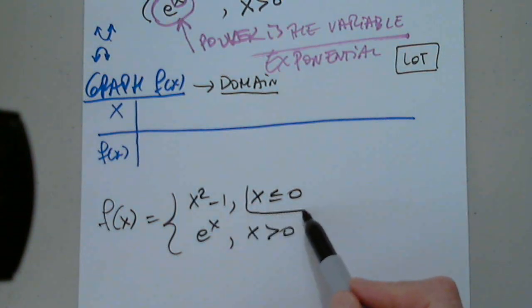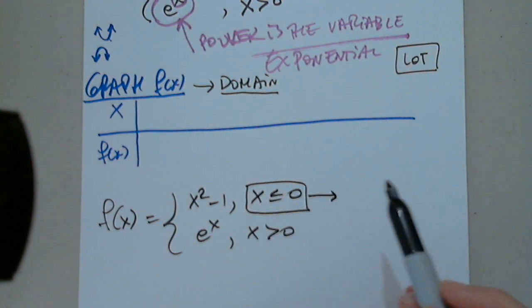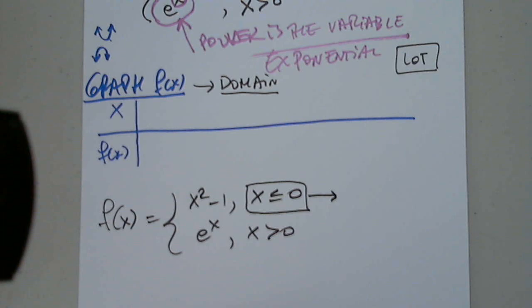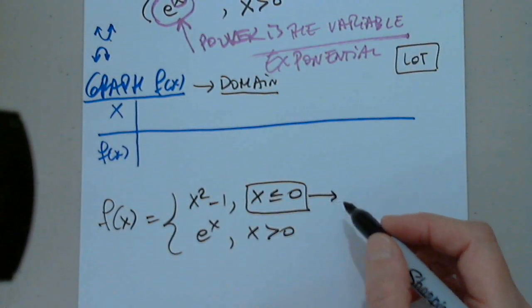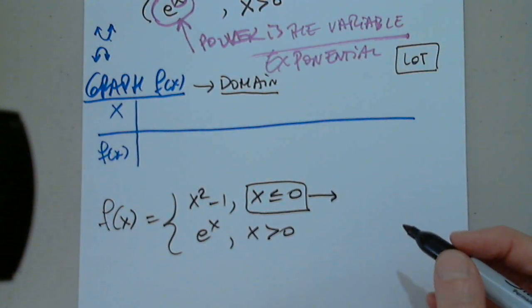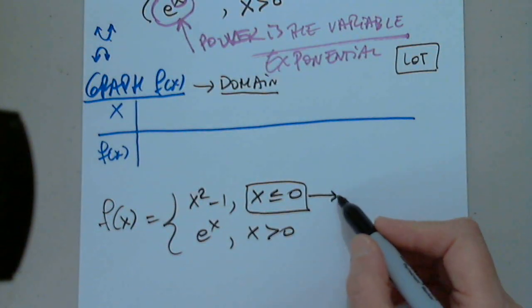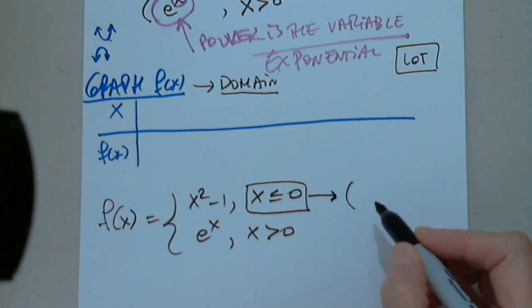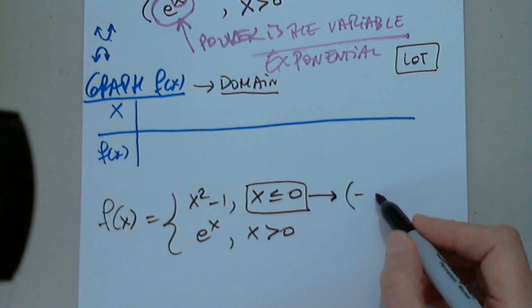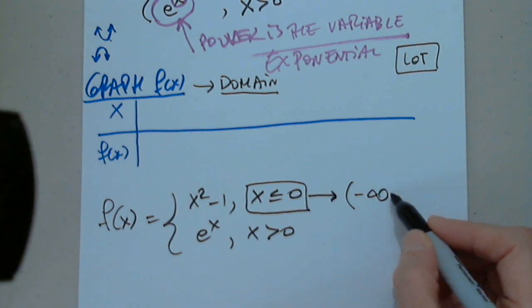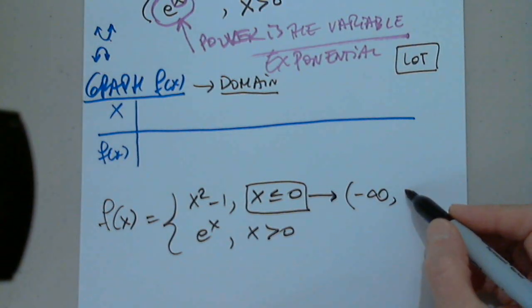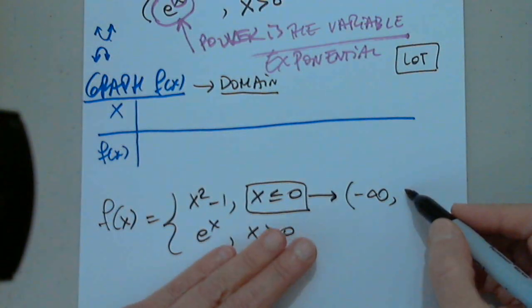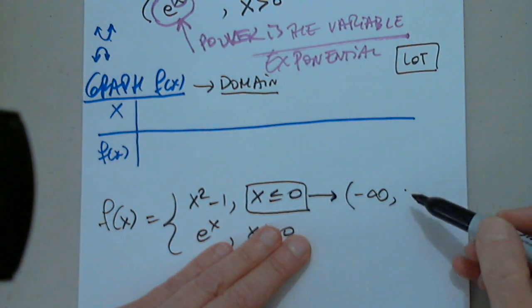Can anyone change this notation into interval notation? Just tell me what to write, and I'll write it. Interval notation would be parentheses, negative infinity, to 0, for x less than or equal to 0.